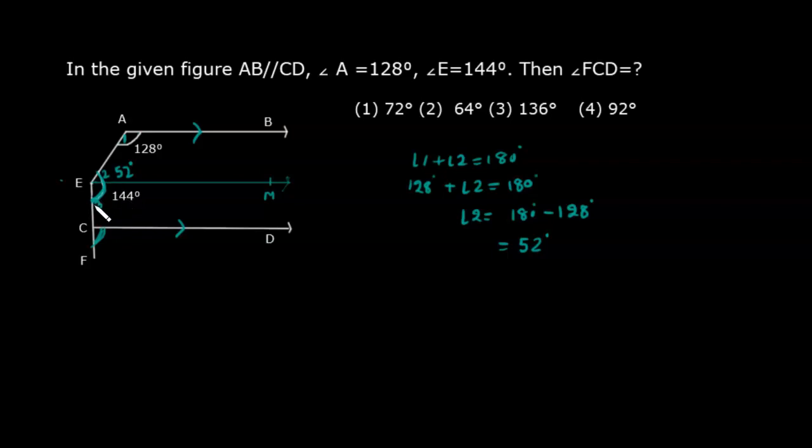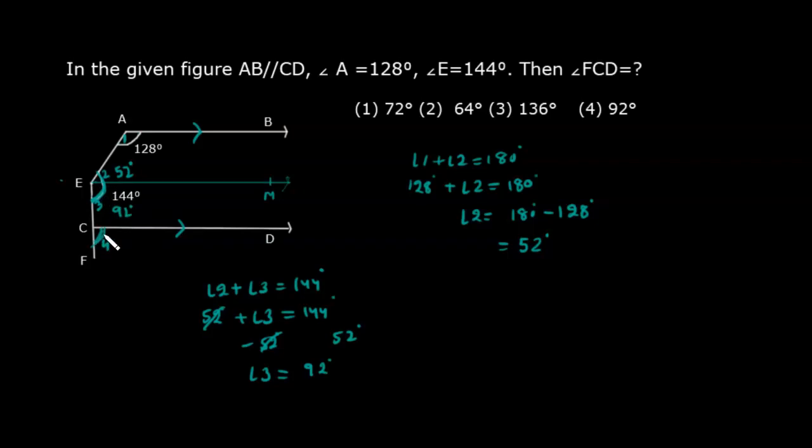So very easily we can find angle 3 by subtracting 52 from 144. Subtracting 52 degrees from both sides, angle 3 is 92 degrees. So this angle is 92 degrees.